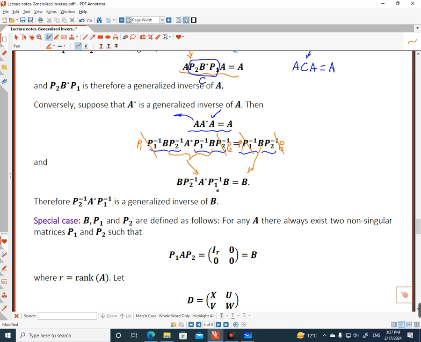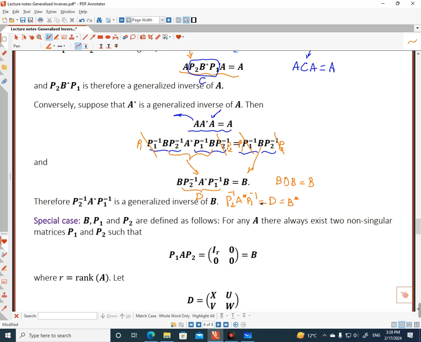And once again, suppose this is another matrix D. So we have B D B equal to B, and according to the fifth theorem, I can understand that this D is actually the generalized inverse of B, which I represent by B star, and here D is actually P2 inverse A star P1 inverse.